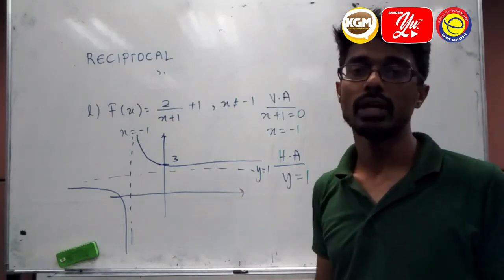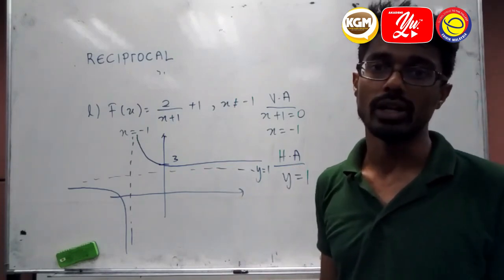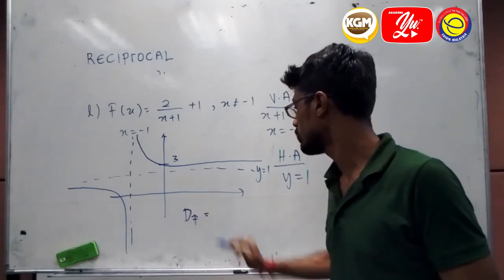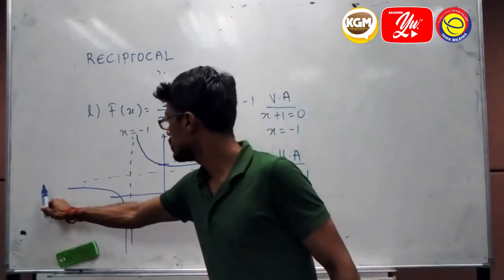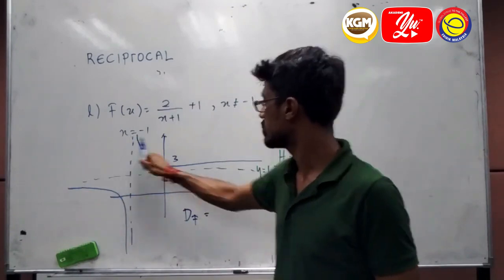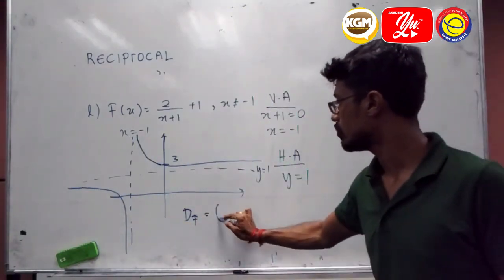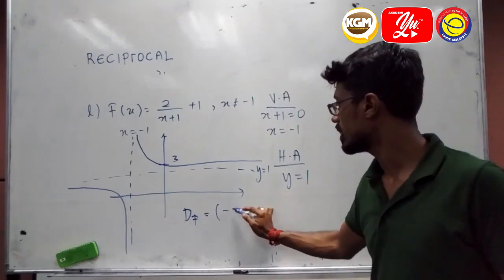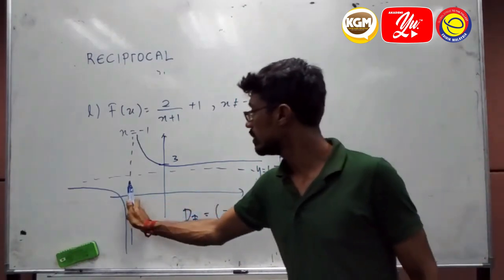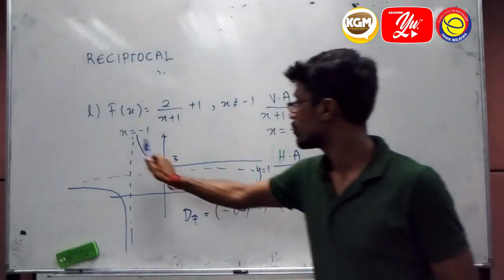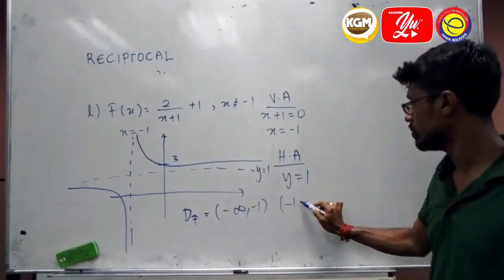And for completeness purpose, always make sure you state what is your domain and range. So your domain, okay, you can see this is 1, this is another 1. So you can see the graph, okay, for the first function exists from negative infinity up until negative 1, not included, and from negative 1 to positive infinity.